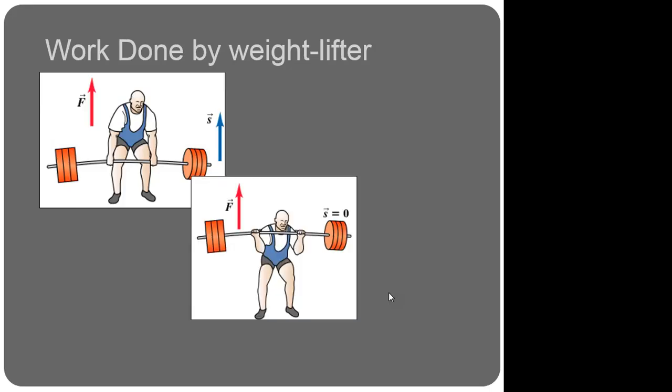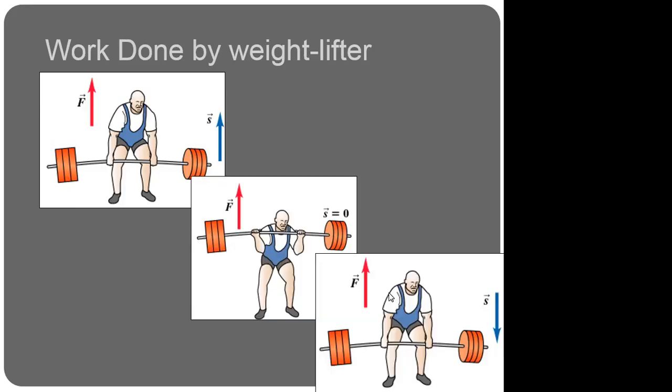Weightlifter, if he moves it up, there's a force. Then moving down. Okay, work done. In the first picture, what is the work done by the weightlifter? Is it positive or negative? It is positive because the force is upwards, and the displacement of the weight is upwards.